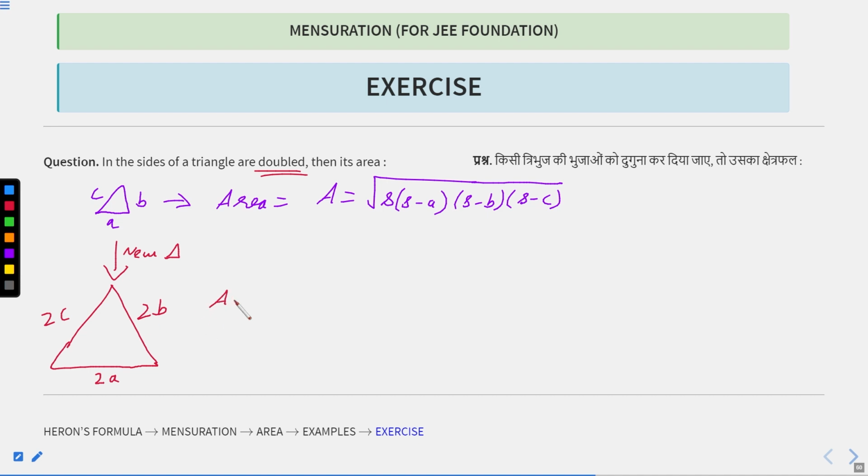Now the area for this is... this is my old area, so I'm just writing it as area old.